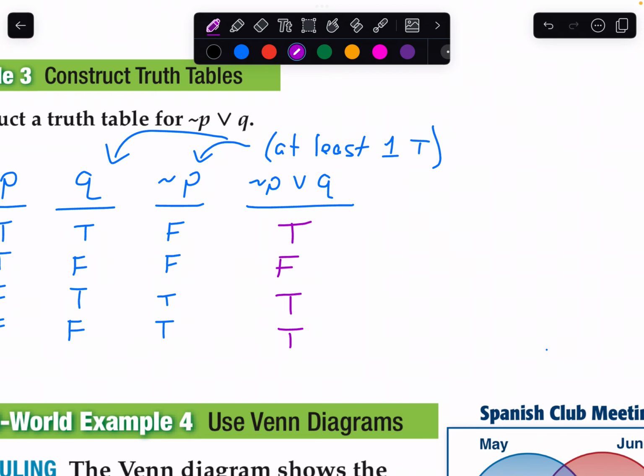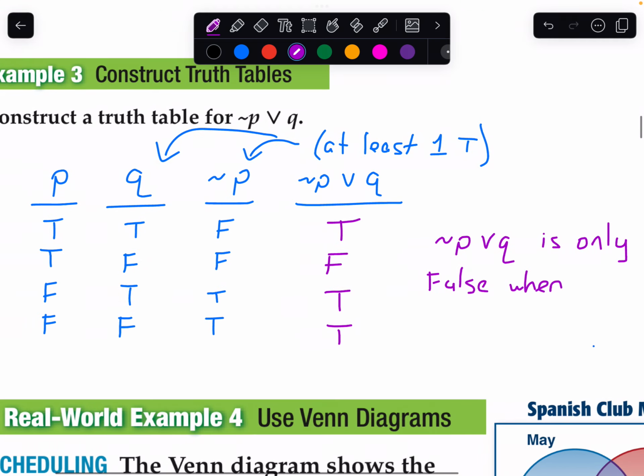So we can say that not P or Q is only false when, let's look back at the original statement.